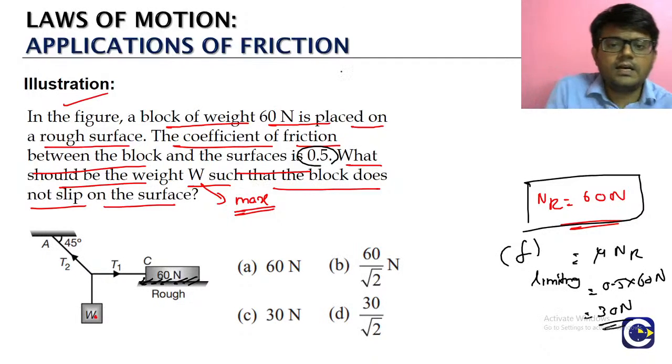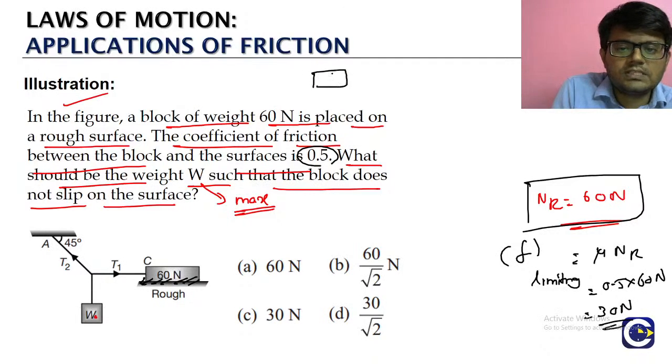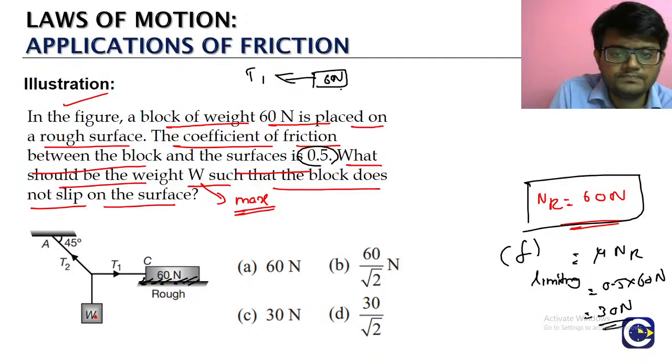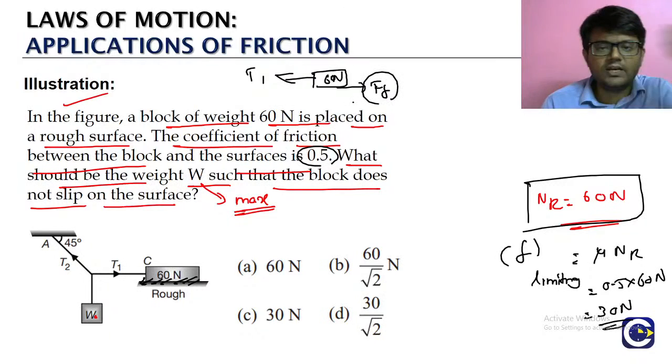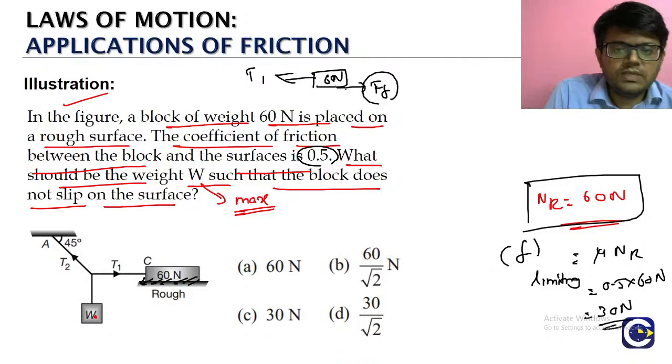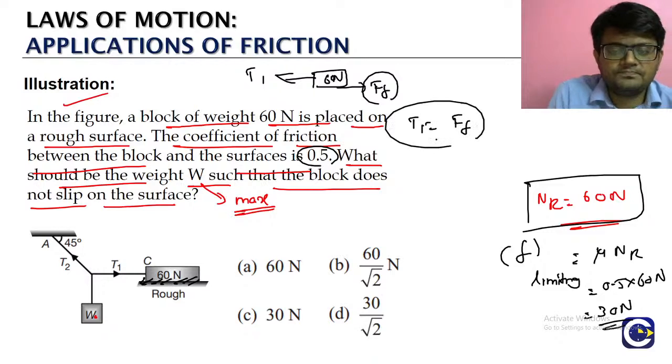Now look at the 60 newton block in the horizontal direction. There is a tension T1. Tension will always act along the rope, and there will be the friction. So tension will try to pull it to the left and friction will oppose it. Now if it should not move, T1 should be balanced by the friction.